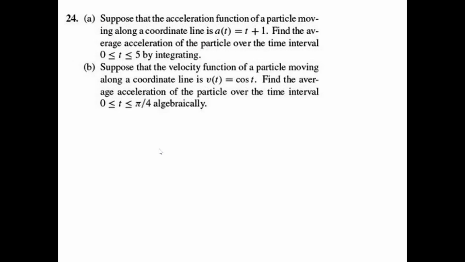Suppose that the acceleration function of a particle moving along a coordinate line is a of t equals t plus 1. Find the average acceleration of the particle over the time interval from 0 to 5 by integrating. Okay, so you know your acceleration function. To find the average value of a function, you integrate.